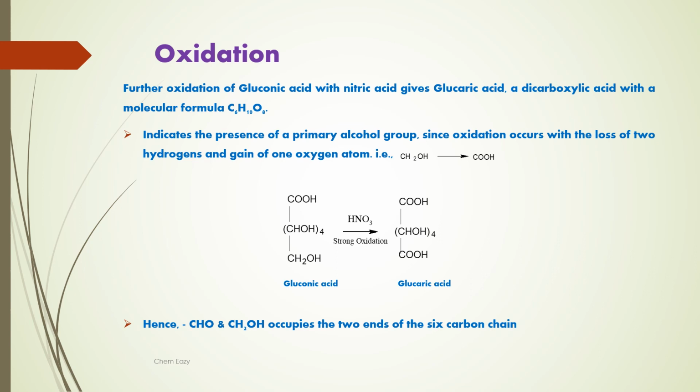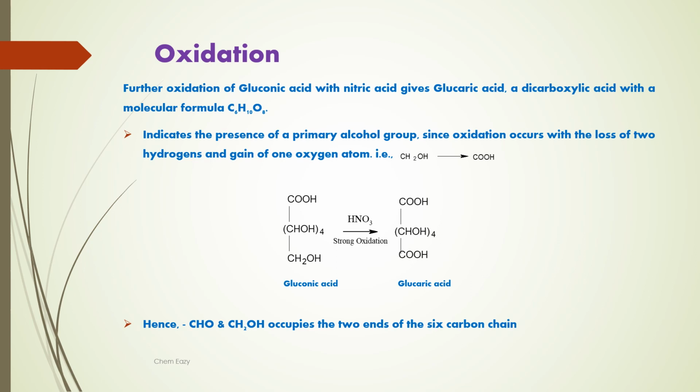Gluconic acid on further oxidation with nitric acid gives glucaric acid. This glucaric acid is a dicarboxylic acid with the molecular formula C6H10O8.